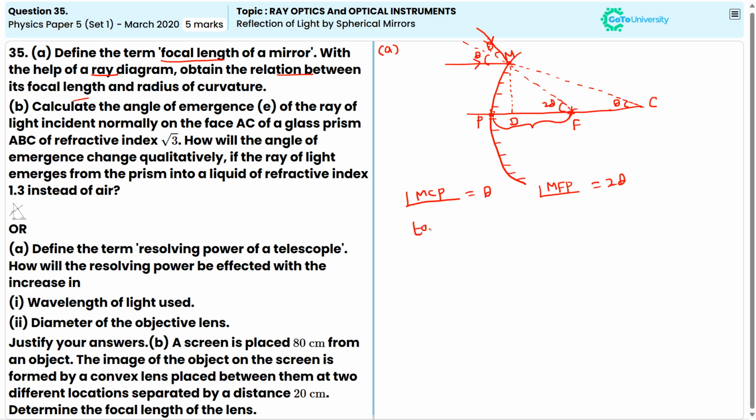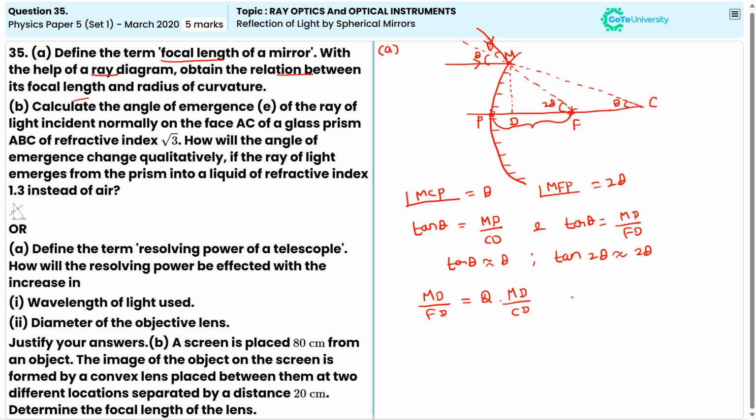Now we can write tan theta equal to MD by CD, and tan 2 theta equal to MD by FD. For paraxial rays, theta is very small, so tan theta is approximately equal to theta and tan 2 theta is approximately equal to 2 theta. So we can write MD by FD equal to 2 times MD by CD, or we can say FD equal to CD by 2.